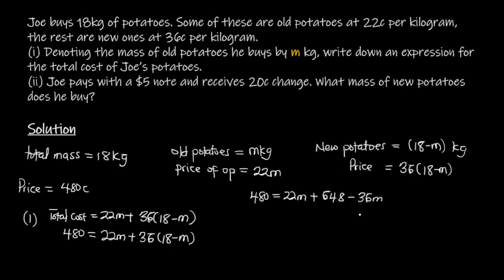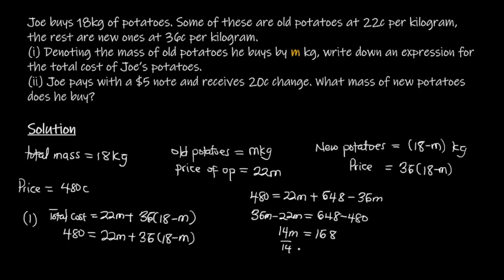Let me bring the m to the other side of the equal to sign. So I'll have 36m minus 22m to be equal to 648 minus 480. Alright, so 36m minus 22m will give me 14m is equal to 648 minus 480 will give me 168.